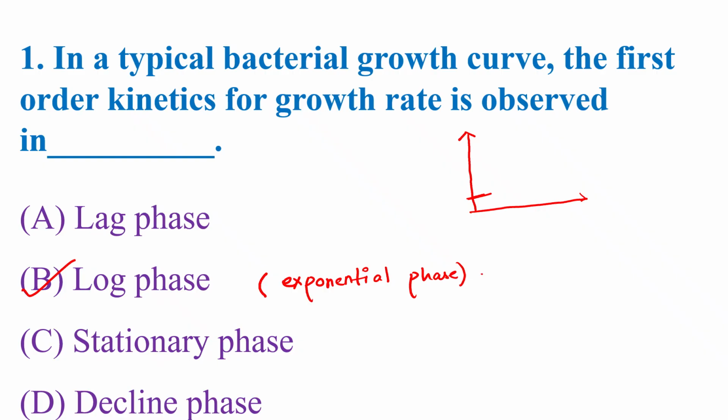This is the lag phase, growth phase, stationary phase, and the death phase. So over here my correct option is option number B.